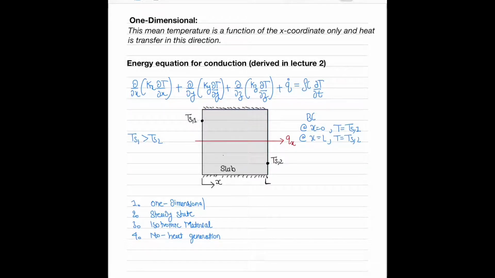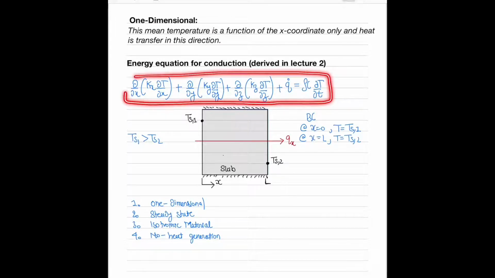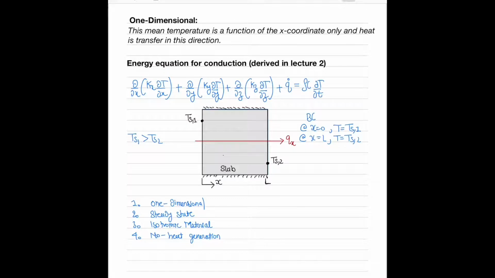So let's modify our full energy equation to get a temperature distribution in this slab. Since our problem is one-dimensional, del T by del y and del T by del z will go to 0. There is no heat generation term, so this q dot will also go to 0, and due to the steady state of the problem, the change in temperature with respect to time will also go to 0.